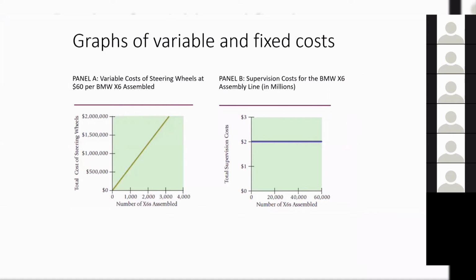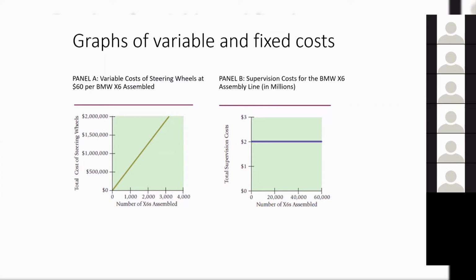In these charts, we see the graphs of variable and fixed costs using the number of steering wheels for the BMW X6. Panel A shows a graph of the total variable cost of steering wheels. The cost begins at 0 because if we make no X6s, we don't have any cost for steering wheels. Fixed costs are presented in panel B, where we have a line across at the $2 million mark right here.